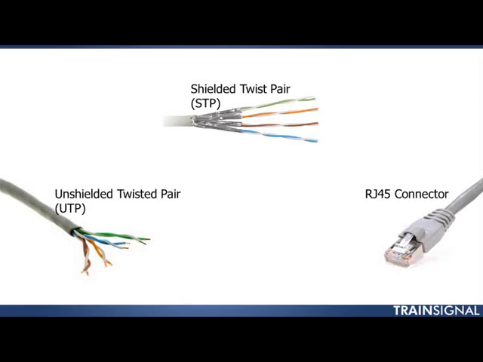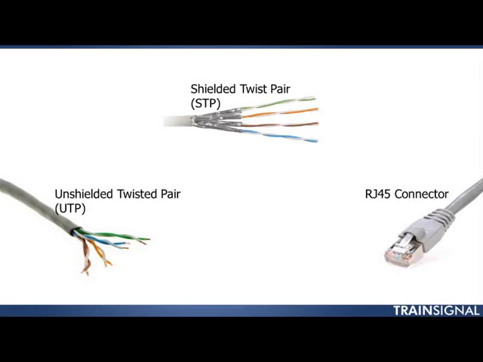Now, even though the wires are twisted within the cable so that they don't interfere with each other, the problem we can still run into with unshielded twisted pair is we might get interference from an outside source. Okay, you may be running this cable through, let's say, a false ceiling with fluorescent lights, or you might have to run it through a room with a generator.